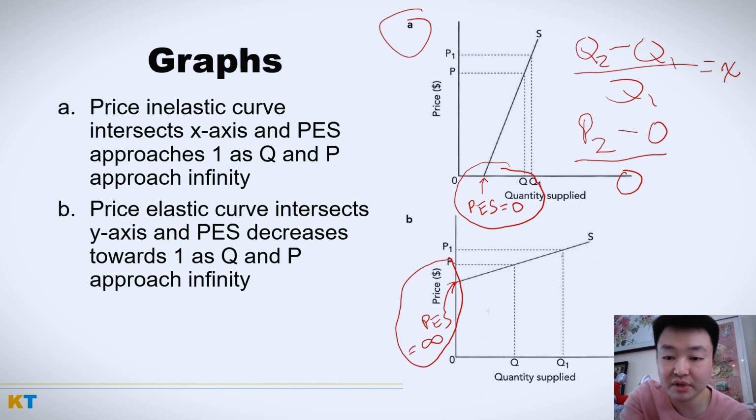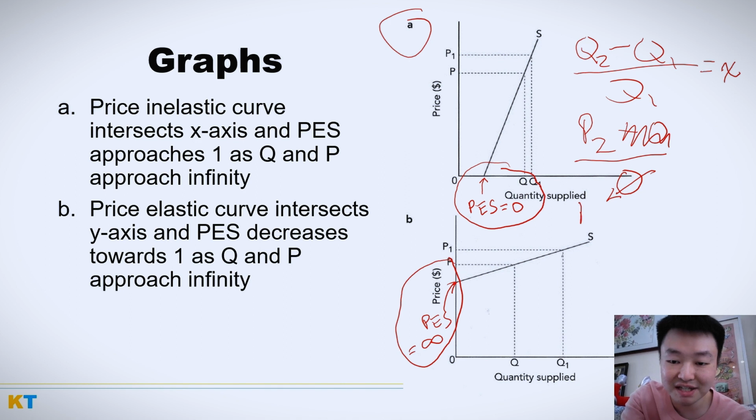Now, obviously, we can't divide by 0, right? So we're in a situation where P2, which is any number, minus 0, is still P2. Well, we can't divide by 0, but what we can do is replace it with a number that is getting closer and closer to 0.